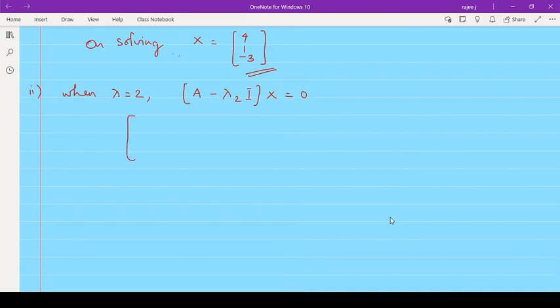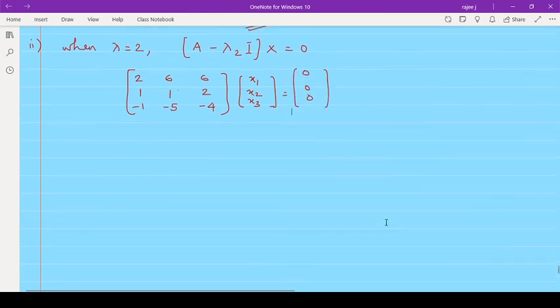So it is 2, 6, 6, then 1, 1, 2, minus 1, minus 5, and minus 4 here. Okay, minus 2, minus 2, minus 4. x1, x2, x3, and here 0, 0, 0.